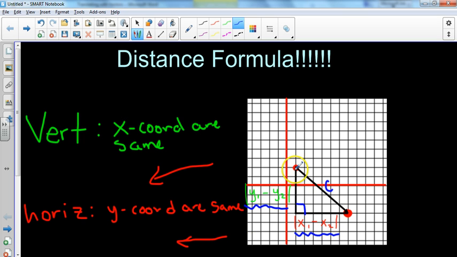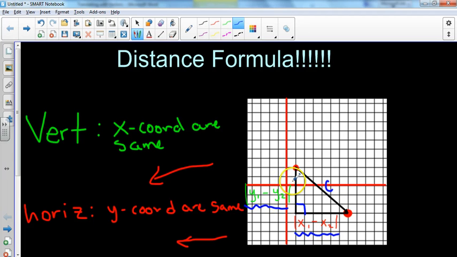So if we take the coordinates, find this length and square it, and add it to the length of this squared, then that's going to equal c squared, and we can find out how long this is by taking the square root of these two sides squared and added together.